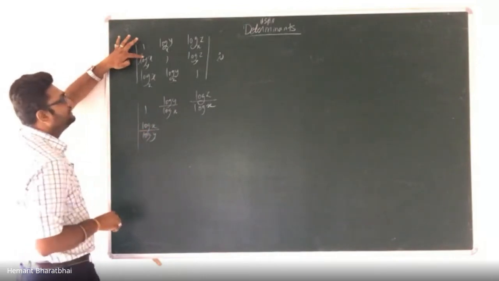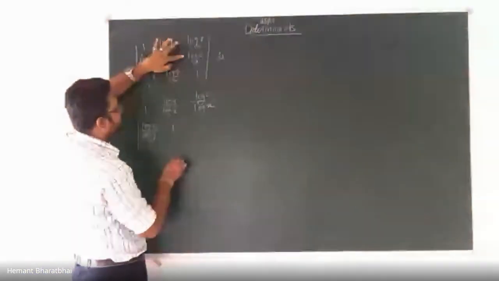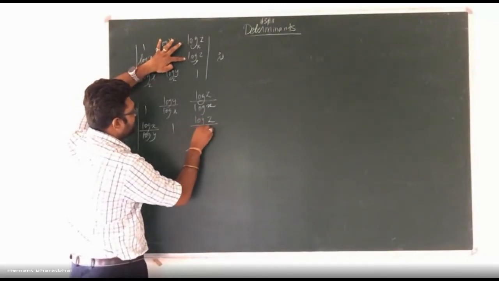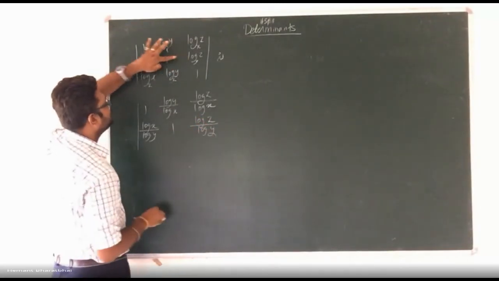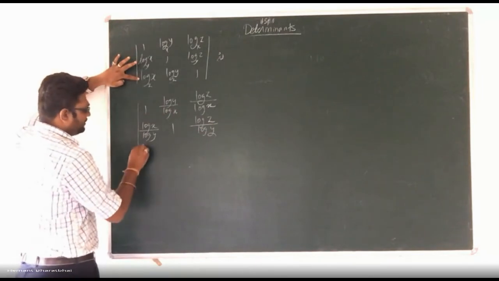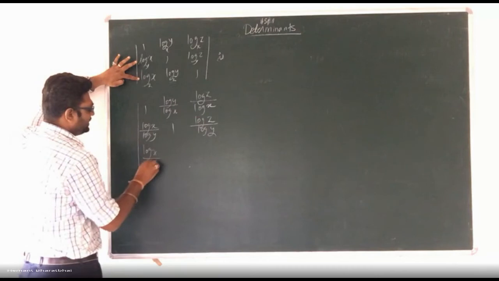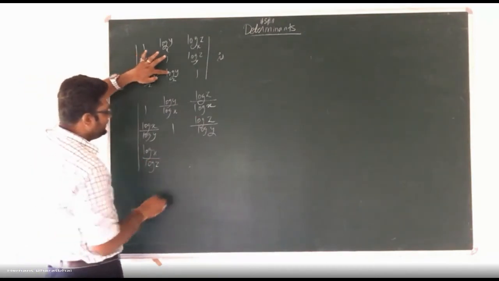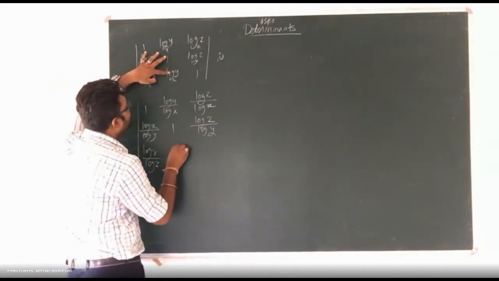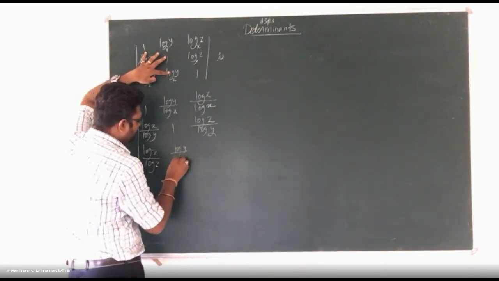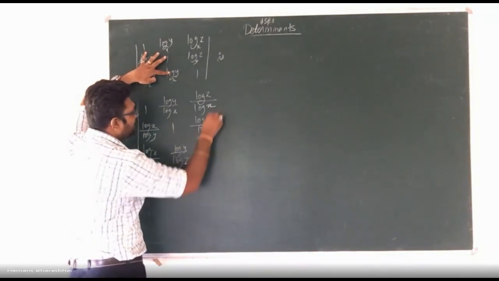This is 1, and this can be written as log z upon log y. Same over here, log x upon log z, and log y upon log z, and this is 1.